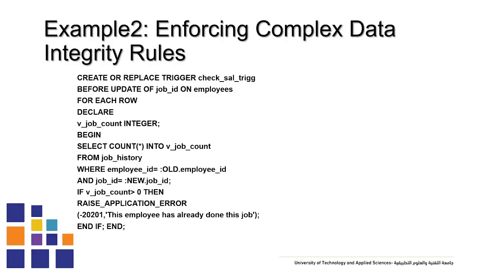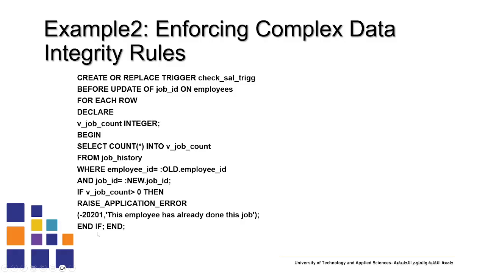If the employee has already held the job, it will have a condition of count, which will be satisfied if it's greater than 0. The trigger will raise an error with a custom message: this employee has already held this job. So of course, the error causes the update to cancel, and the message is displayed to the user.